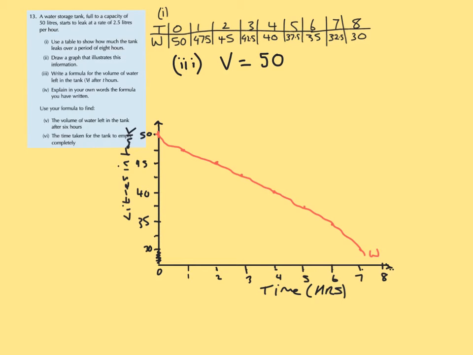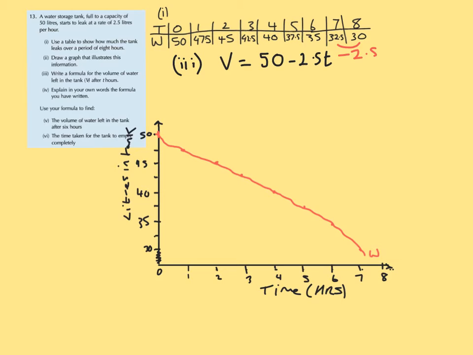We know that each time, so if we look here, each time it's decreasing by 2.5 litres. So we're going to pop into our formula minus 2.5, and we're going to use T for hours. So that is our formula.